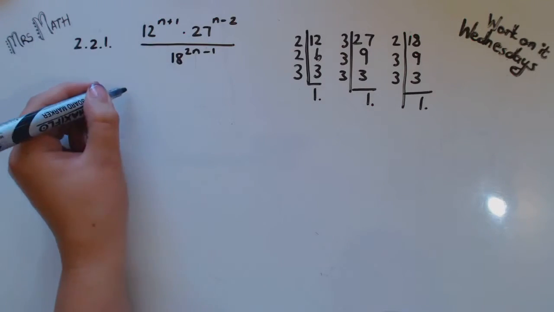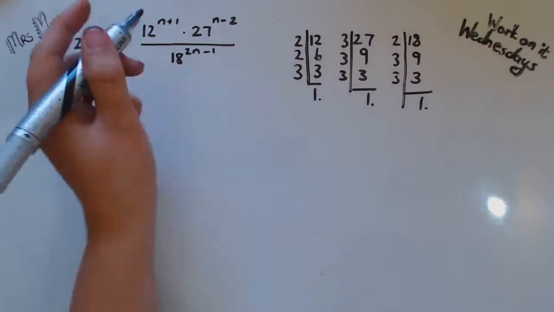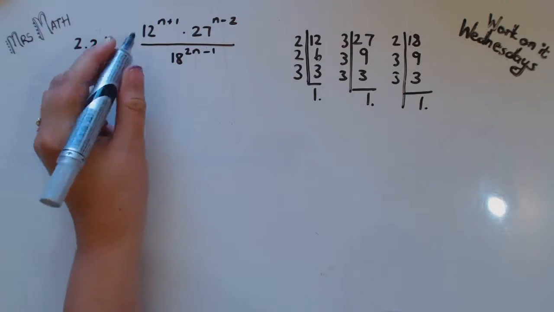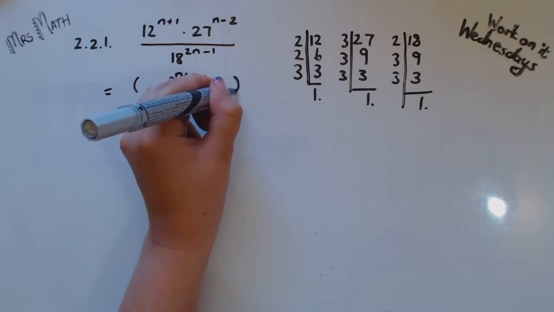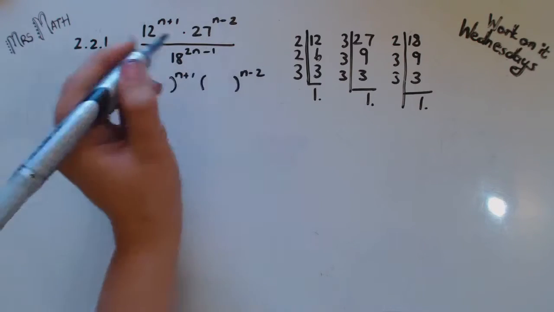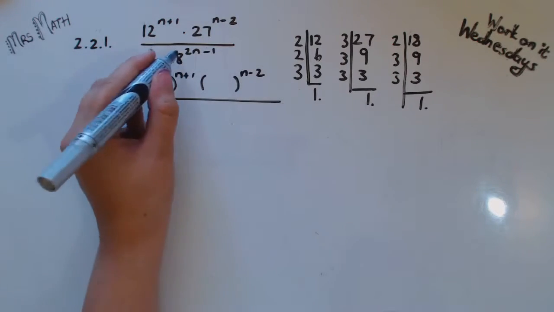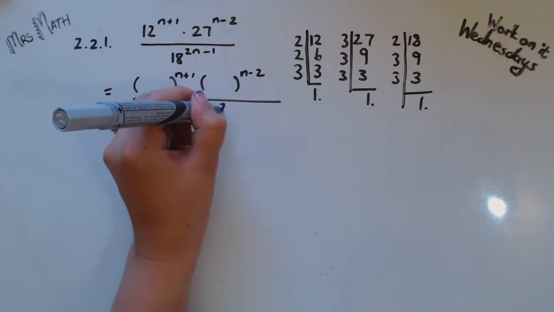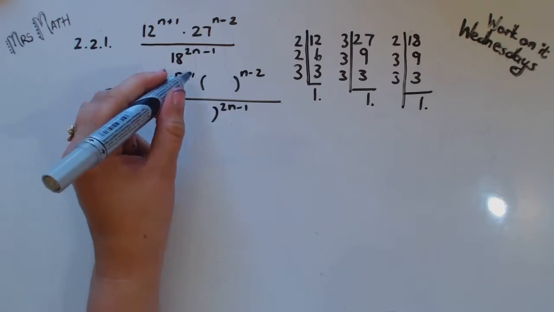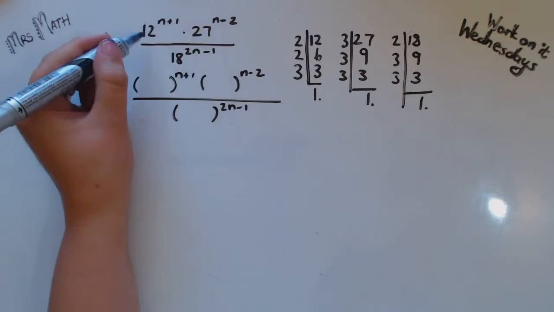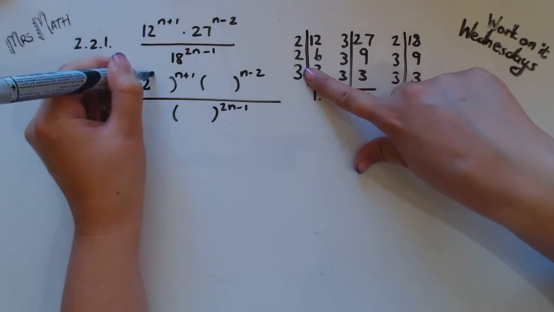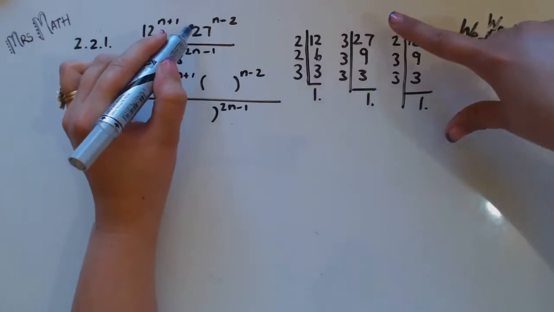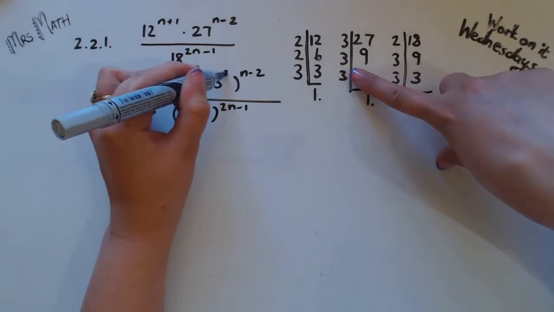Right, so now I'm going to substitute these prime factor forms. I'm still going to have 12 to the power of n plus 1, 27 to the power of n minus 2 over 18 to the power of 2n minus 1. So I'm still going to have those powers exactly there. Just 12 is now going to become 2 squared times 3. 27 is 3 cubed.